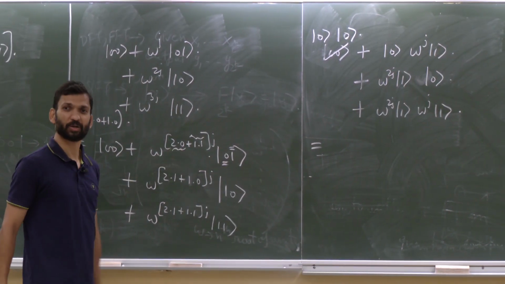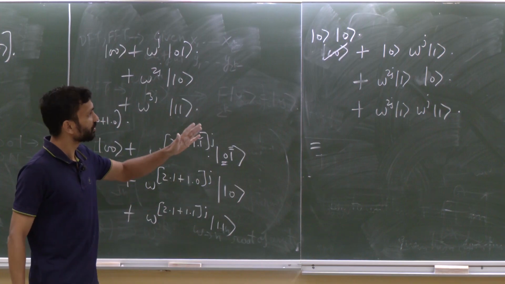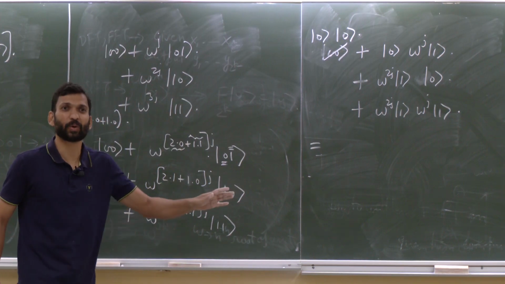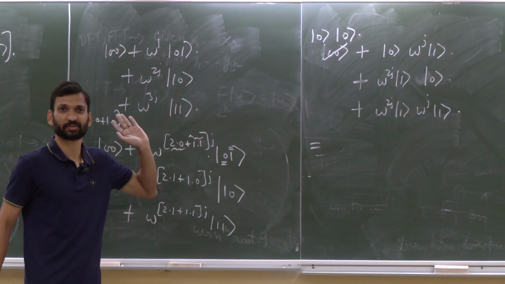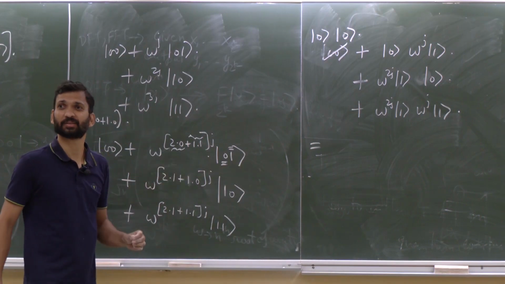Just in terms of omega. Don't worry about this. Let me give you a hint. You don't need any quantum. This is high school math. Okay, 6th class math. That's why you are stuck. It's too simple.